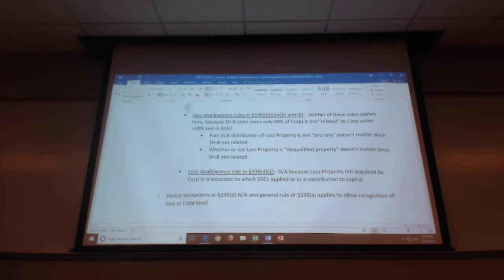And 336(d)(2) doesn't apply because we haven't covered that yet, but there are no facts in this example that would indicate that fact pattern. So in this example, when you work your way through it, you reach the conclusion that all is fine at the corporate level and the loss is deductible. The key point here is that the loss disallowance rule in 336(d)(1), as opposed to (d)(2), applies only if it's a distribution to a related party.